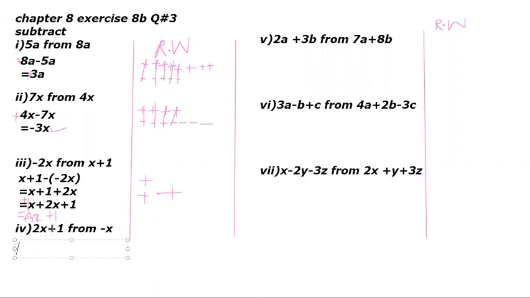plus 1 is an algebraic expression, and negative x means negative 1x, and we need to write this negative x first, then we will write 2x, and because it is an algebraic expression we need to introduce the parenthesis also.